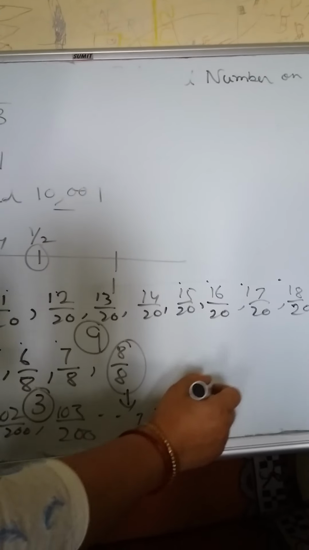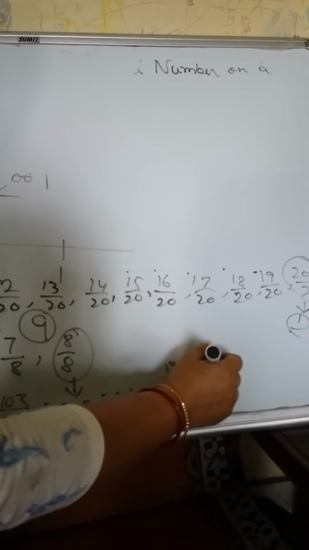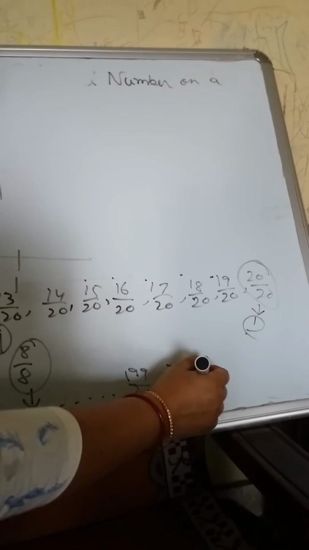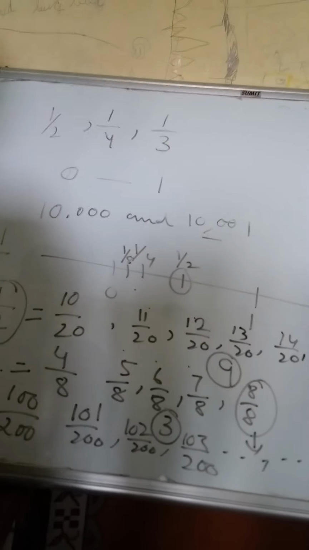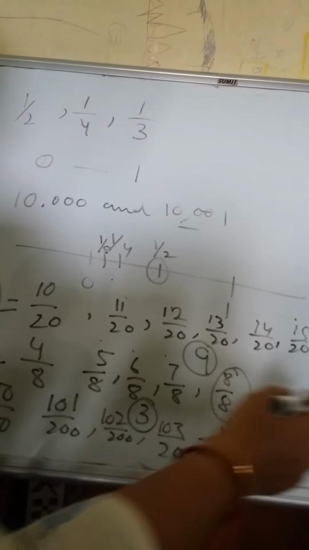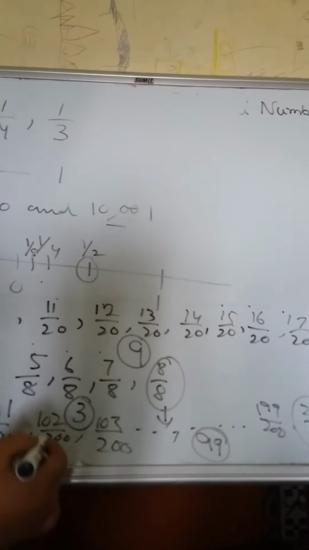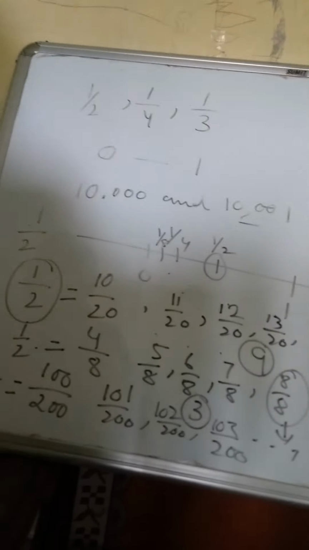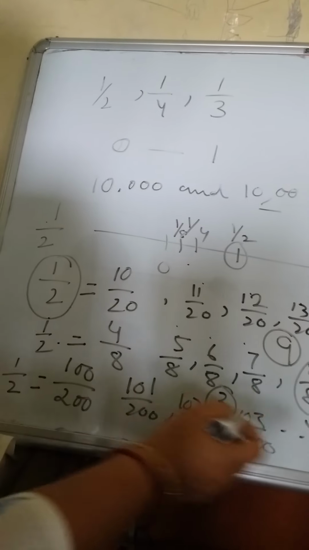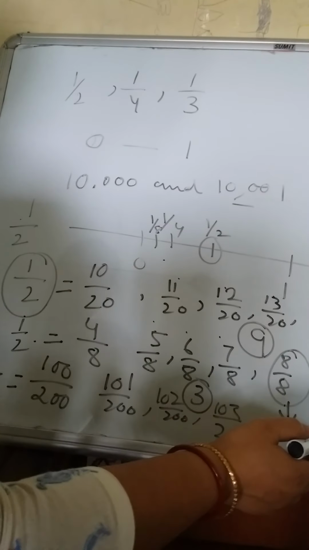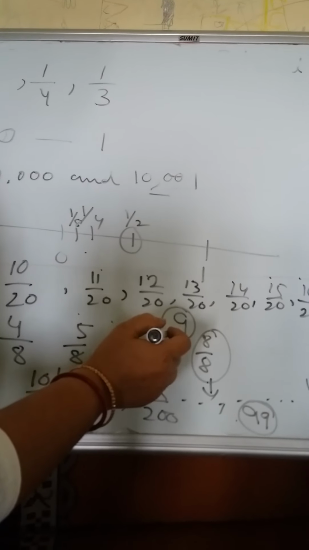In the same way, if we continue, 199 by 200, 200 by 200. 200 by 200 is 1. So in between 100 by 200 and 200 by 200, we'll get 99 rational numbers. So we can write how many rational numbers we are getting. Here 99 plus 9 plus 3, that is 111.